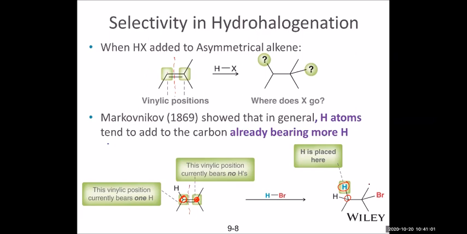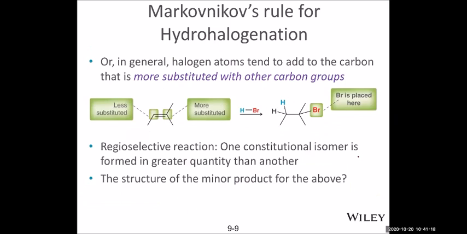In the last chapter, chapter 7, we learned about the Zaitsev rule versus Hofmann. And here we have Markovnikov. Actually, Zaitsev is also Russian, and Markovnikov is also Russian. In other words, the halogen adds to the carbon that has more carbons attached.